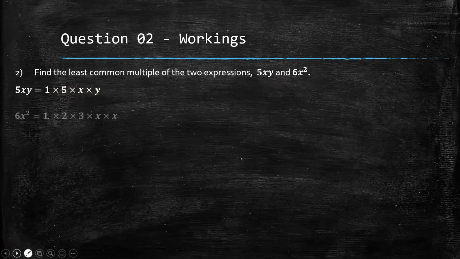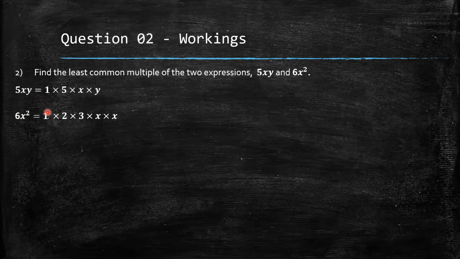And similarly, 6x squared you can write as 1 into 2 into 3 into x into x. It is shown as a multiplication of factors, and those factors are in the smallest form, and no other divisions can be done. After representing the two expressions in this manner, you can find the least common multiple.